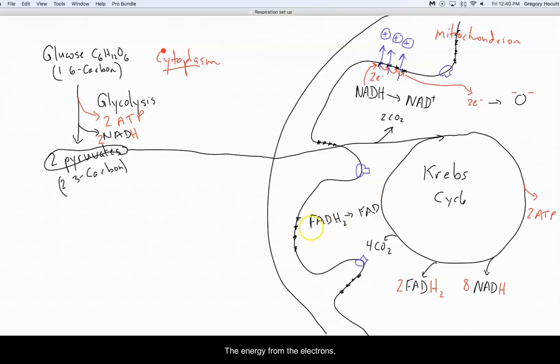The energy from the electrons from FADH2 are a little bit lower in energy, so they have to enter the chain at a point below where the NADH electrons enter. But then they will go through this electron transport system, and then they will also hook up with oxygen at the end. Oxygen will pull them out of the pipeline, freeing the pipeline up for more electrons.